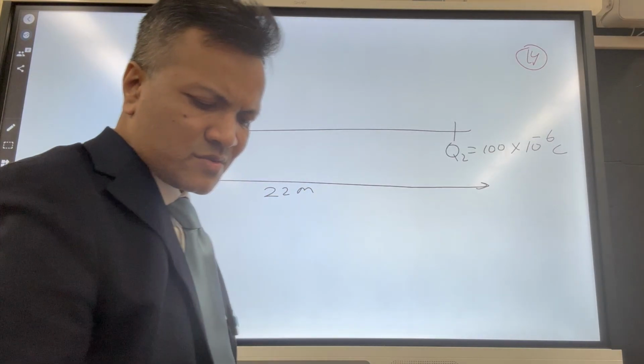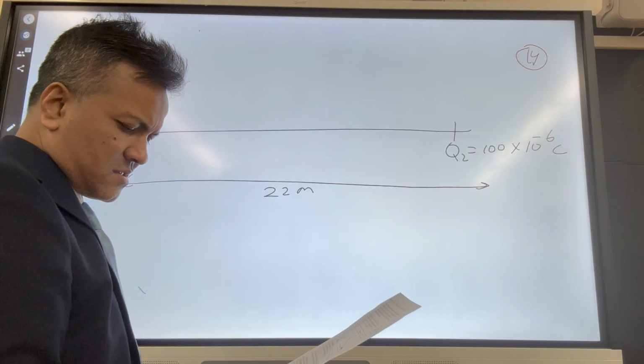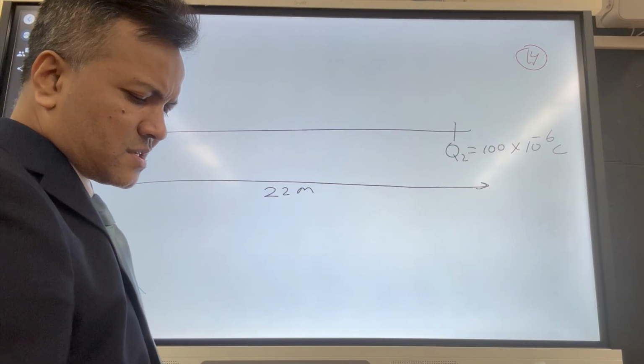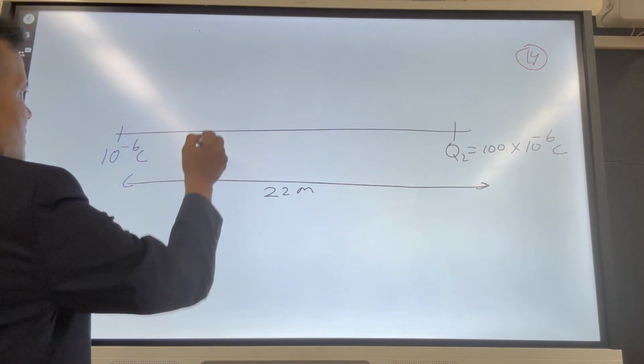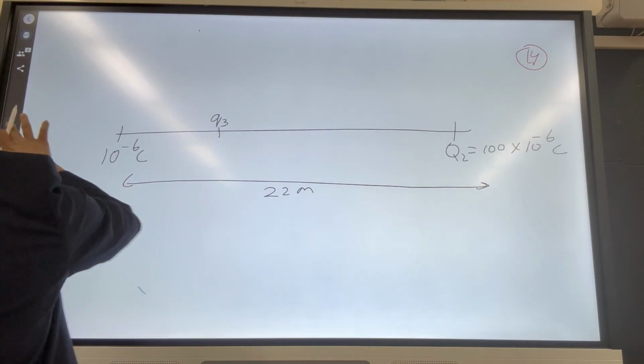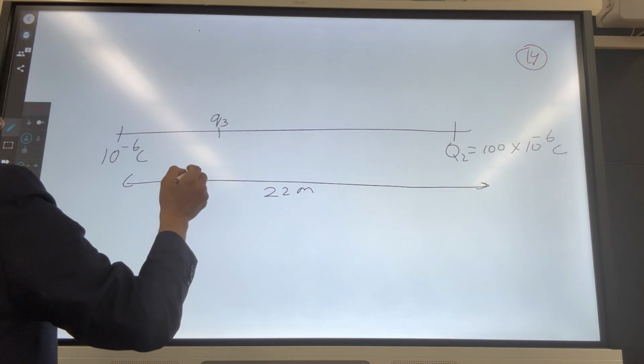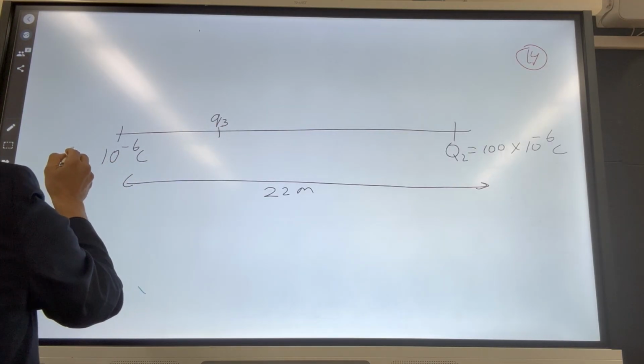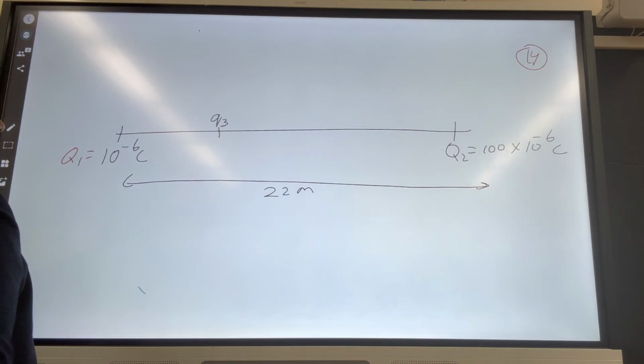Yeah, 22 meter. Put Q3 here. All of them are positive. So this is Q3, and this is Q1.